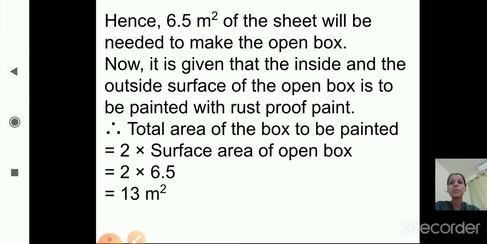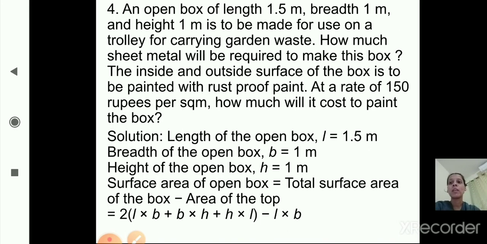Okay. So in this question, length, breadth and height of open box is given, and we need the surface area of open box. So how will we find out surface area of open box? Total surface area of box minus area of the top. Why? Because in the question it is given an open box.